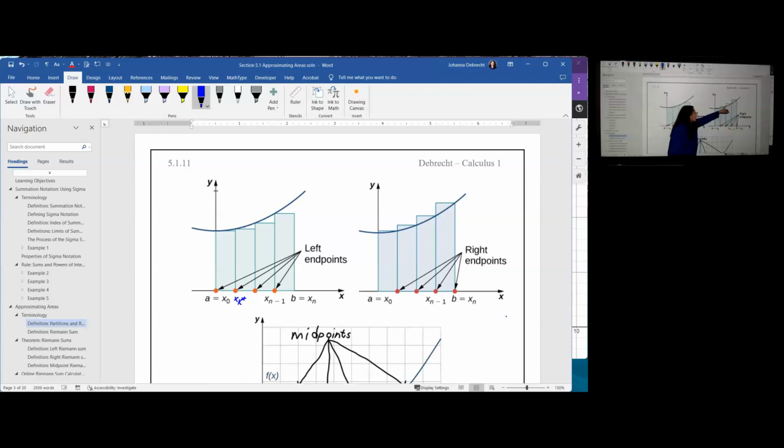You can tell, based on these two functions, that the left endpoint approximation is an underestimation, since it's missing some area that should be included as being under the curve. The one to the right is an overestimation because it includes some area that should not be included.